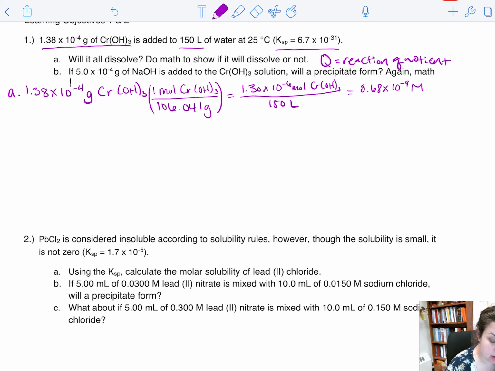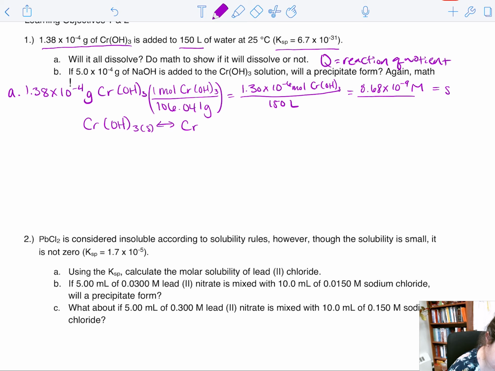Now, we're going to set this value equal to S, or our molar solubility, and see if that value corresponds to a solubility or not. In order to determine that, we're going to look at our Q. So let's go ahead and write out our Q expression for chromium 3 hydroxide.